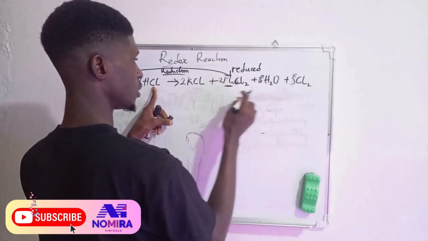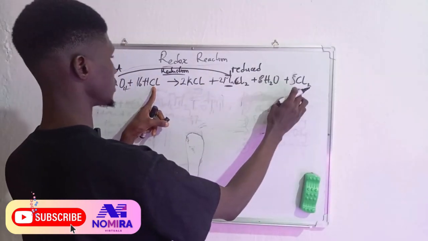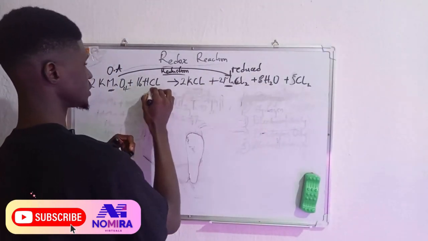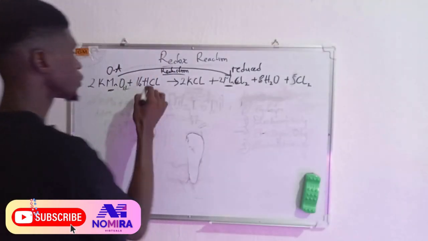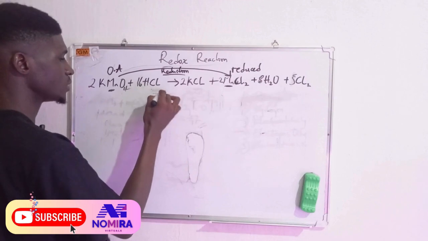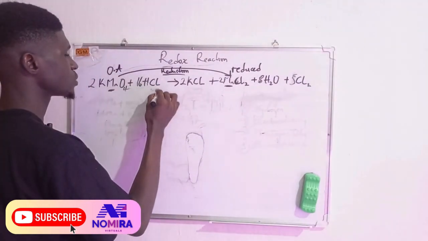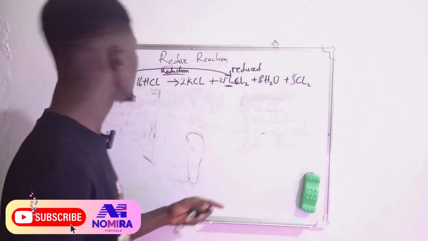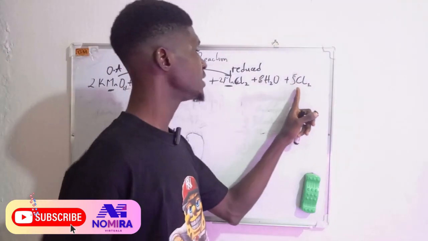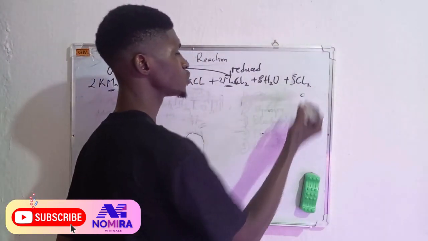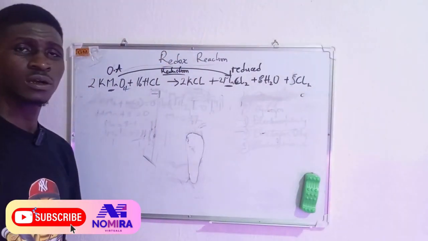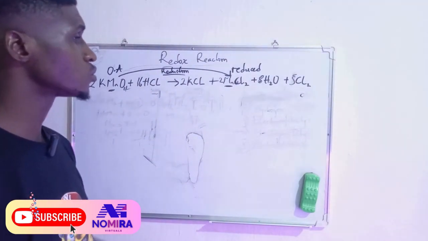So chlorine is here and chlorine is here. So let us solve for this and this. Chlorine here is -1. Chlorine here is -1. Then chlorine on this other side is 0, as a neutral molecule.